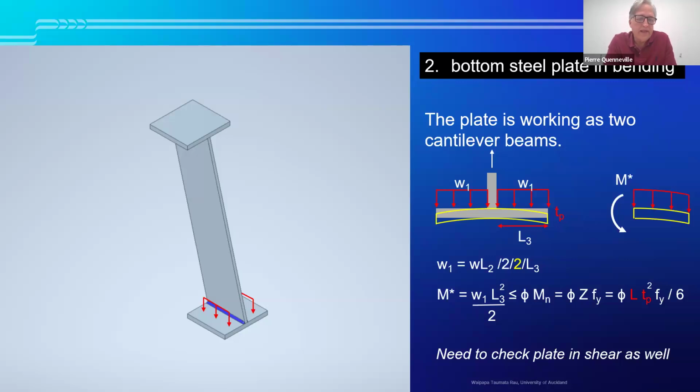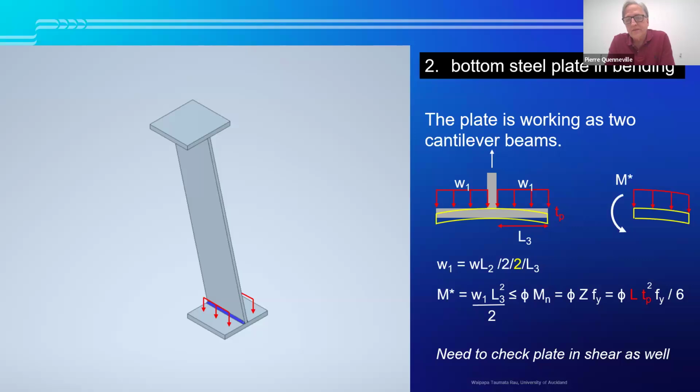The plate is designed as 2 cantilever beams. There'll be a point of symmetry in the center. Our moment, shown on the right diagram, is just W1 times the length of our cantilever squared divided by 2.